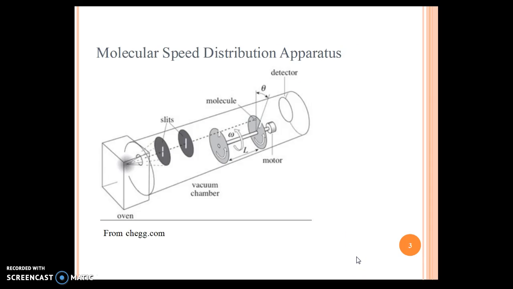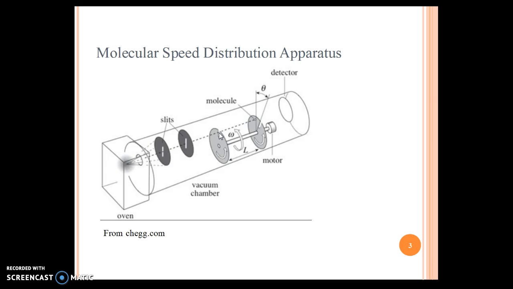This is a molecular speed distribution apparatus. As you can see, we have rotating disks here, and we have an oven that heats gases, passes them through a couple of collimator slits, and then this chopper will just piece off a parcel, a little bitty part of the gases.